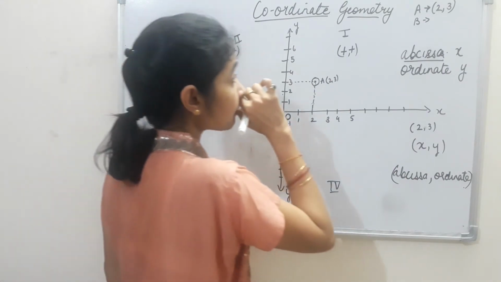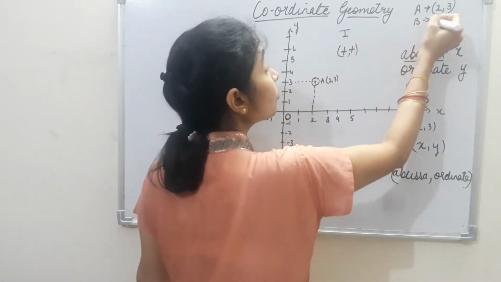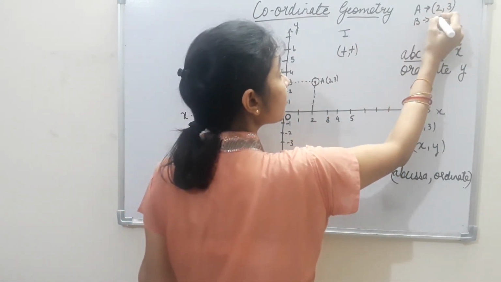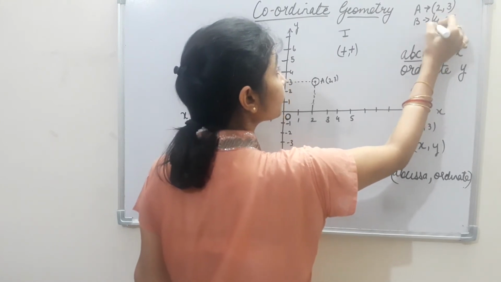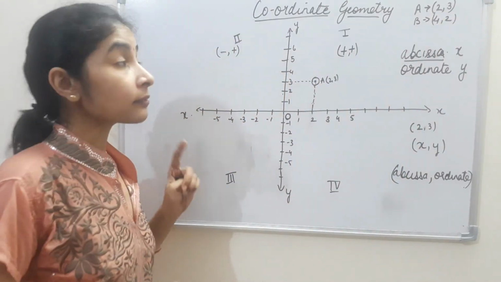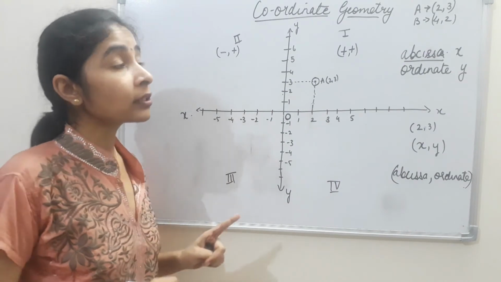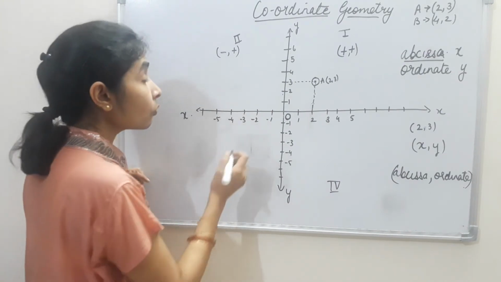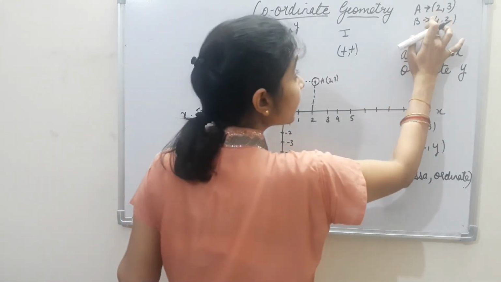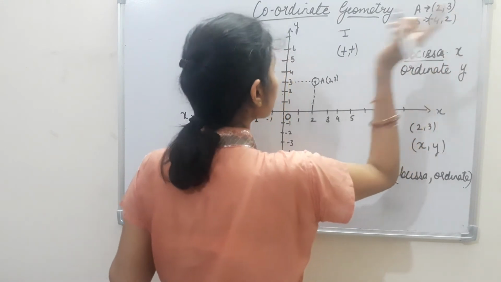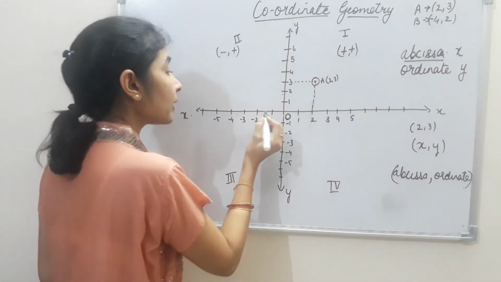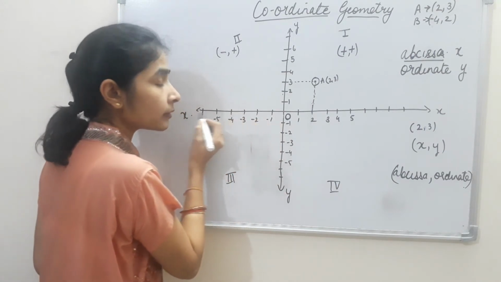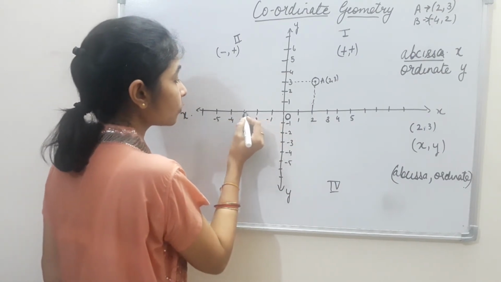Let's take an example. Suppose we are given -4 and 2. The x coordinate, that means the abscissa, is -4 here and the ordinate is 2 here. So x will be negative here. I am taking negative x and positive y. Negative x will go to the left hand side, so 1, 2, 3, 4.